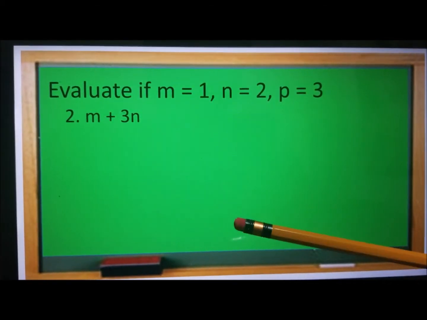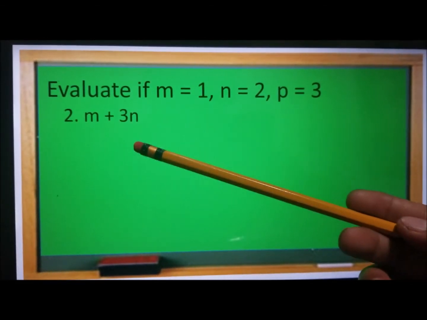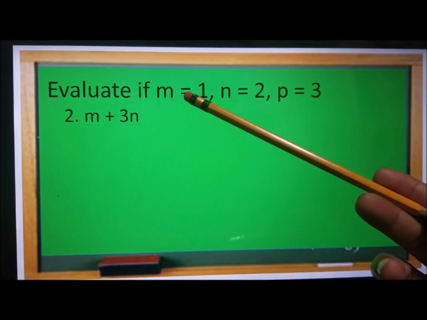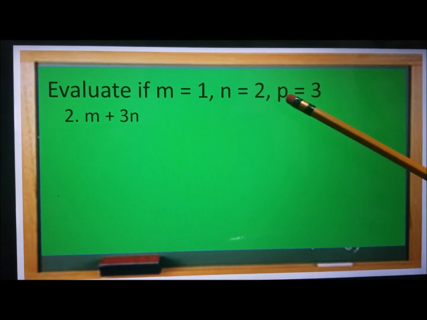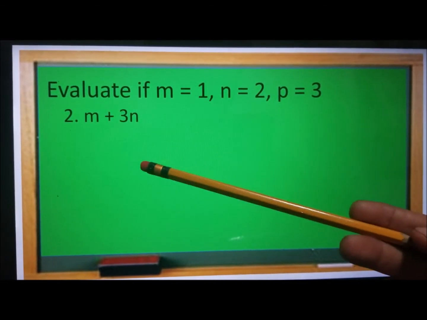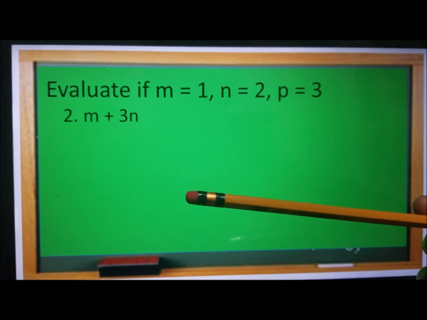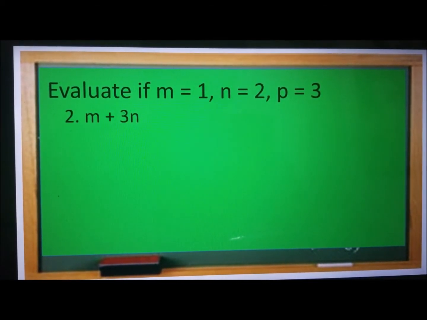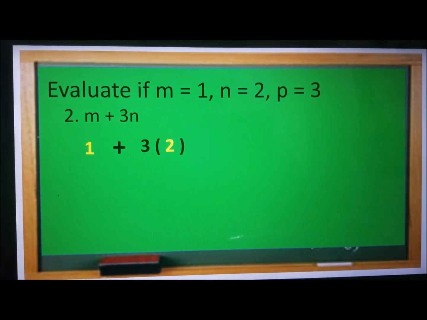For the next example, let's have: evaluate m plus 3n if the value of m is 1, the value of n is 2, and the value of p is 3. So the first thing to do is substitution. So let's now substitute the value of m and n to the given algebraic expression. So let's have 1 plus 3 times 2.